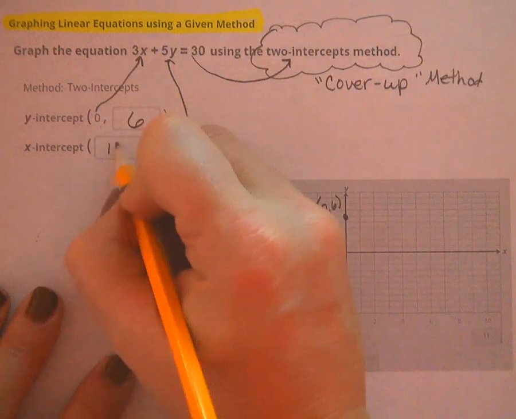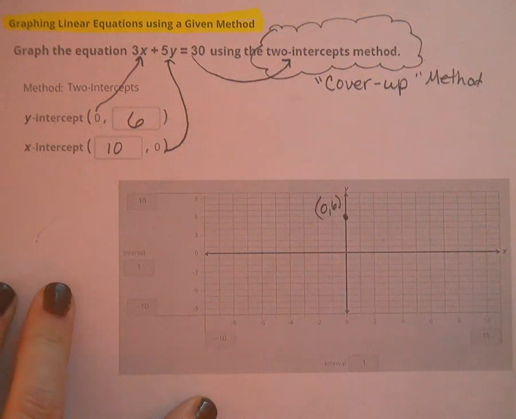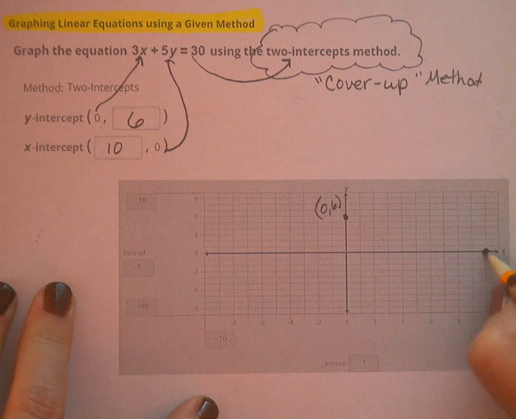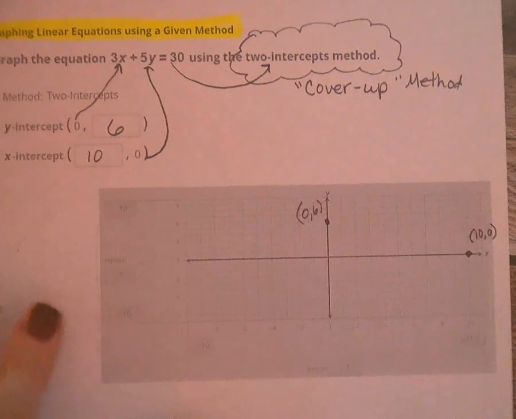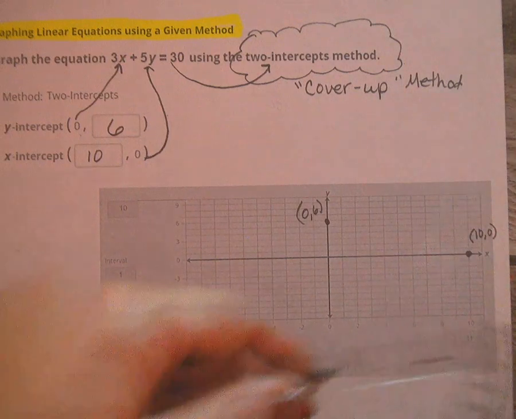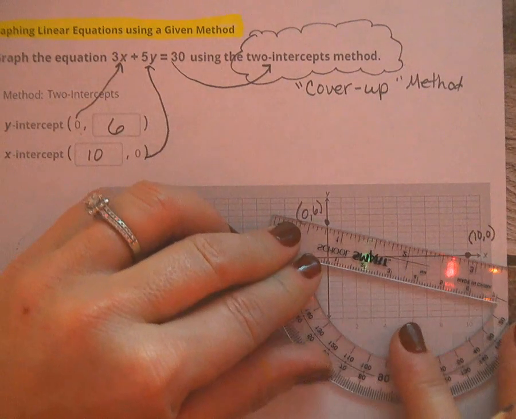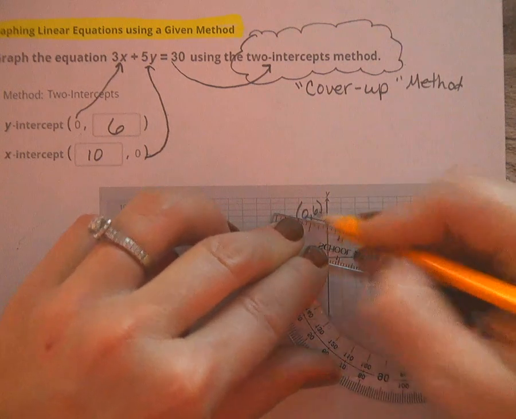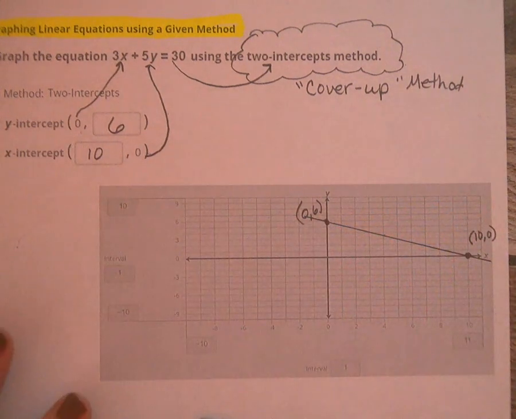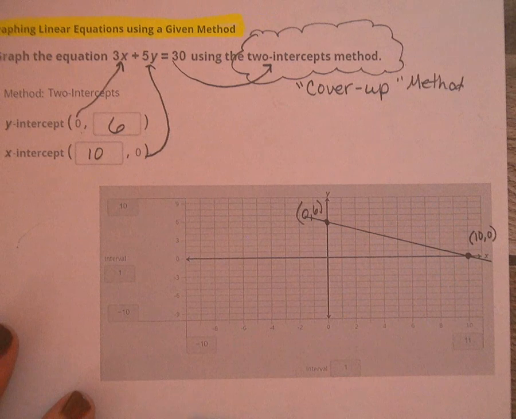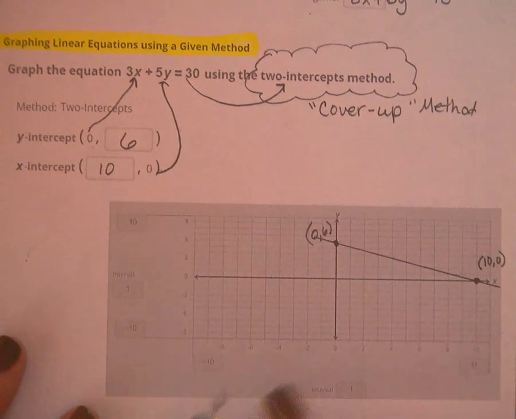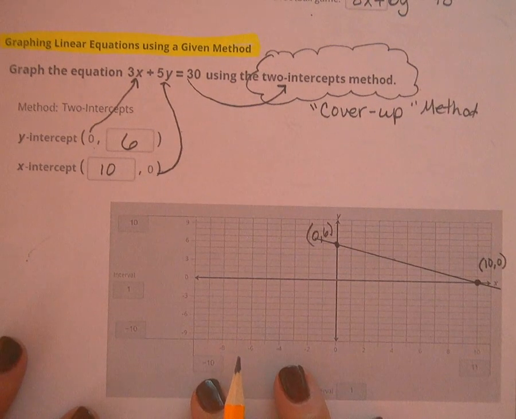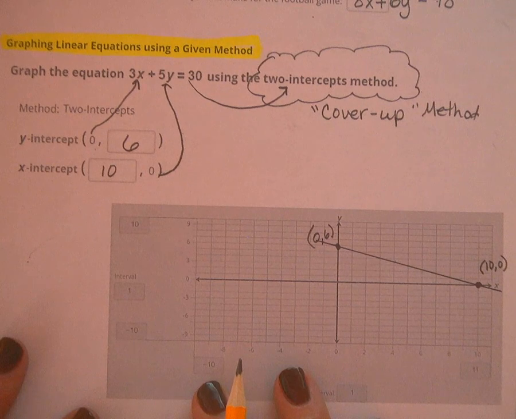And we just found the other intercept. And then you can use a straight edge to connect the points, and you have graphed your line. That is how easy it is to graph in standard form. It's called the cover-up method.